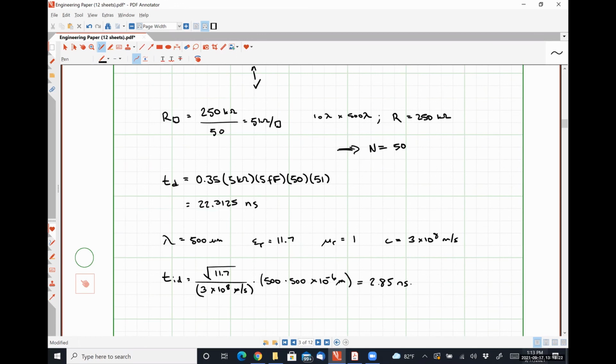So 2.85 nanoseconds. That's a bit larger, by roughly an order of magnitude, than I said we should expect our intrinsic time to be. But think about that length. We have 500 units of half a millimeter, so 250 millimeters.